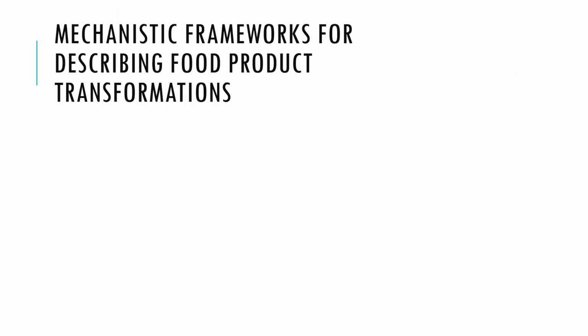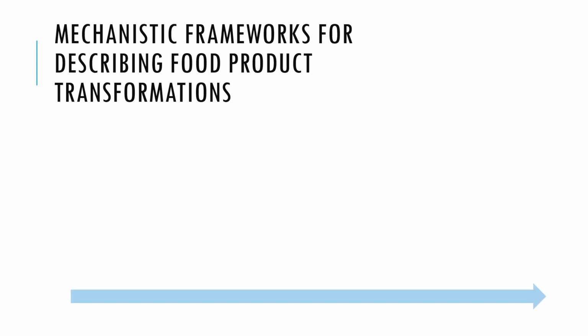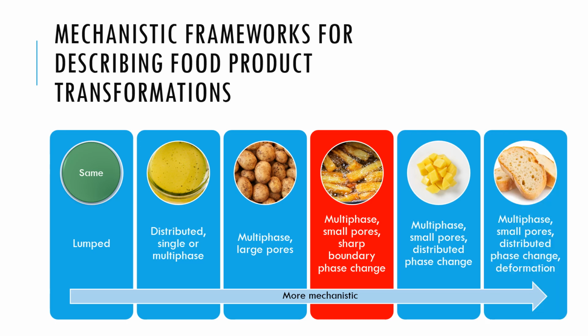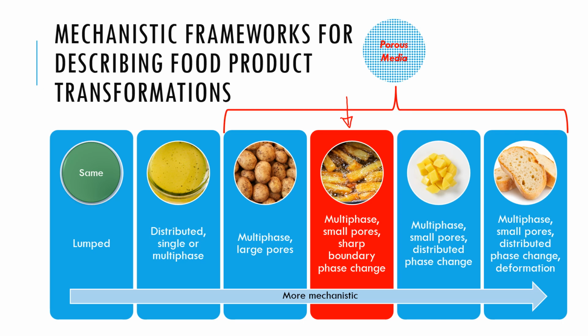Now, relating to mechanistic formulations that are possible, mechanistic frameworks that are possible, from the very simple, like a lumped parameter, all the way to the most complex, we are here. We are talking about problems or physics situations that involve phase change.